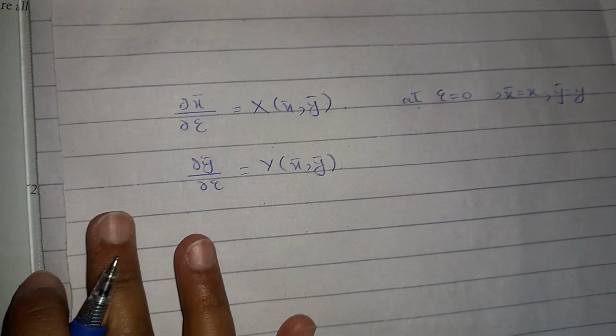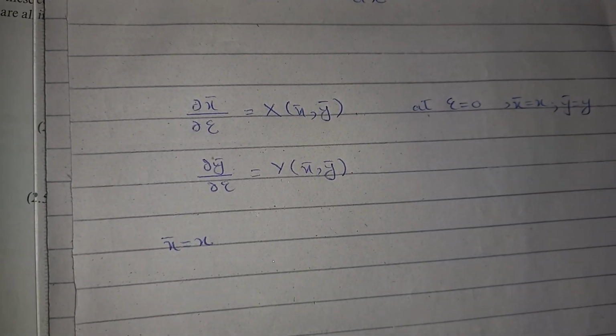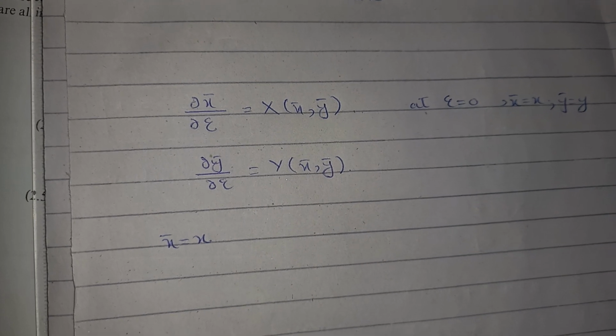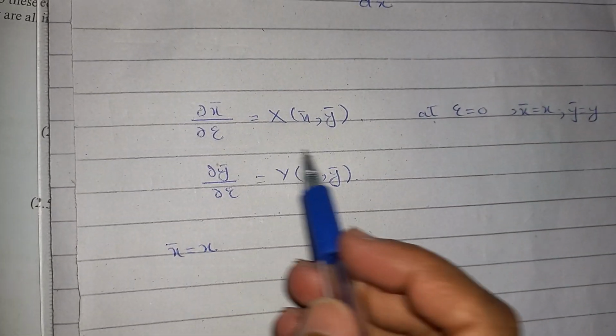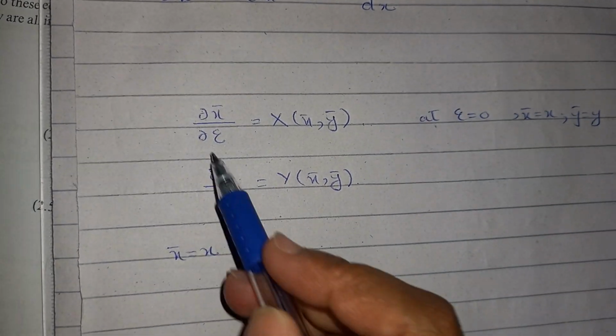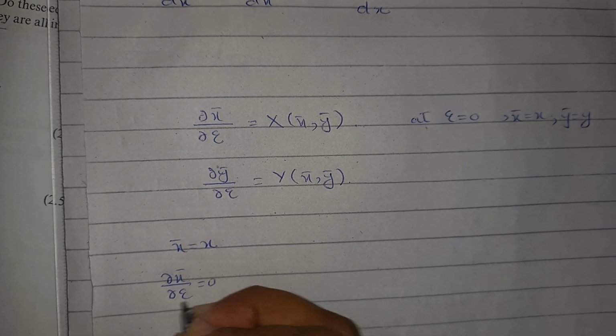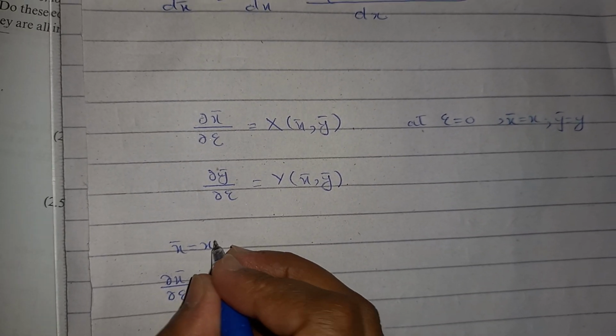Now students, if you want to find, like here we are given x̄ is equal to x. If you want to find the value of capital X, then definitely you should take the partial derivative of x̄ with respect to ε, and obviously it will become equal to 0, because with respect to ε it will be treated as a constant.